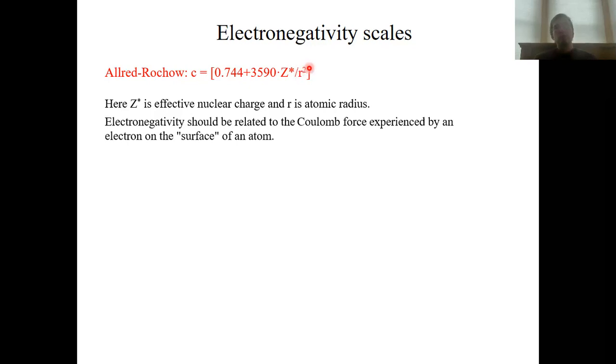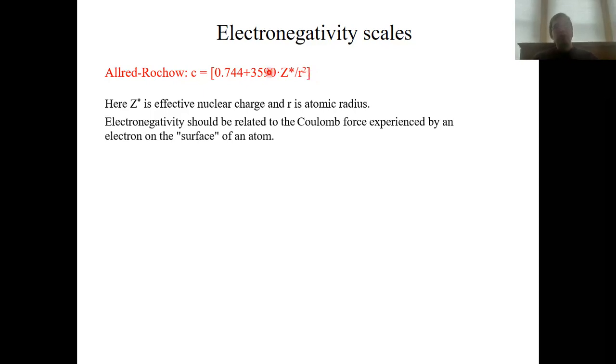Okay, so Z star over R square is actually related to the Coulomb force experienced by an electron on the metal surface. And one would intuitively understand that the higher the Coulomb force is, the greater the ability of the atom to attract electrons within a chemical bond.